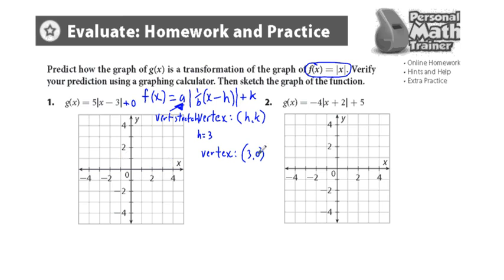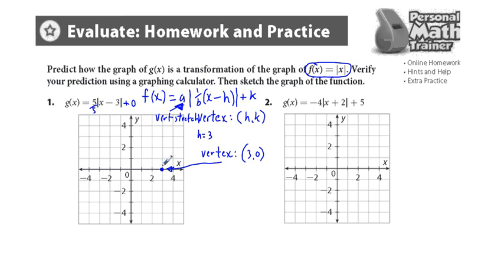And so let's go to the vertex here. We have the vertex 3, 0. I'm just going to arrow here to it and mark it right here. And we have the vertical stretch by a factor of 5. That means it's like a rise over run of 5 over 1.